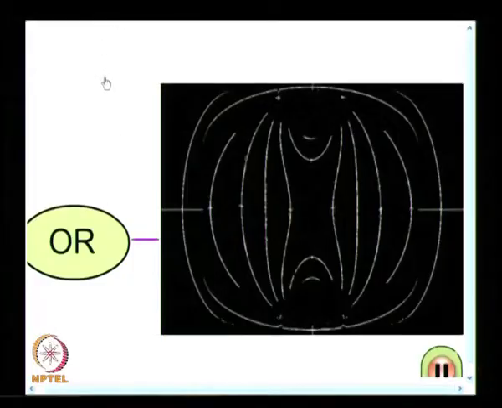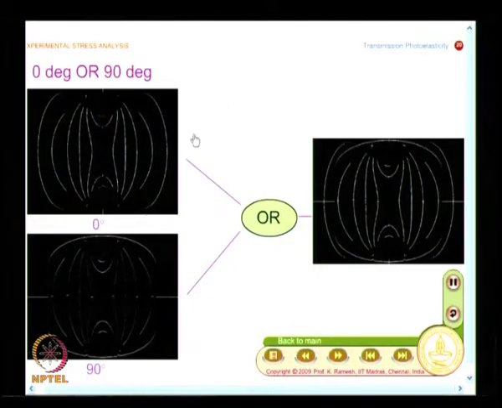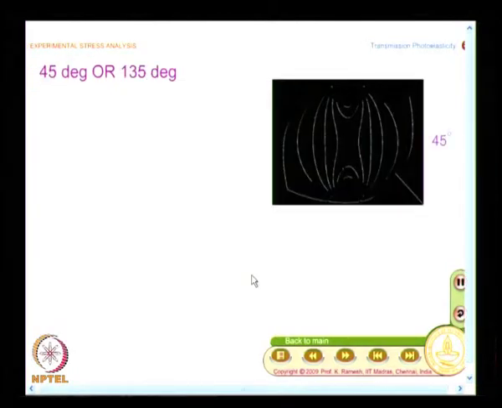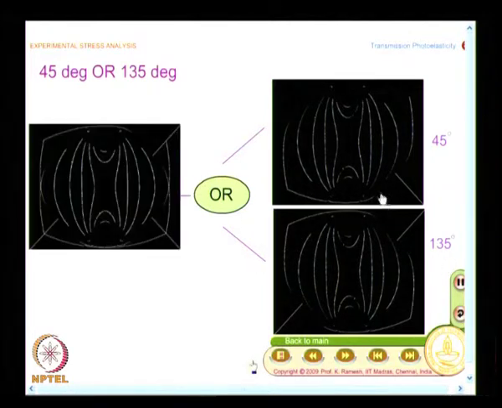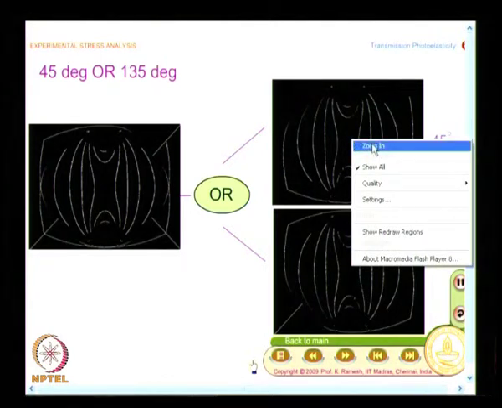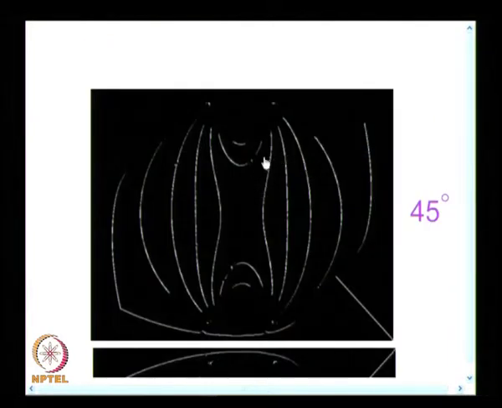So, we will go and see. This is the OR operation of the 0 degree scan and 90 degree scan, and I have this fringe pattern. Now, I go and see the other orthogonal scans, the 45 degree scan and 135 degree scan, and here again I will enlarge the picture. What you find is it is able to identify the skeleton in these portions, but not in some zones. You are actually doing the scan like this, 45 degree like this, and it is identifying some noise here.